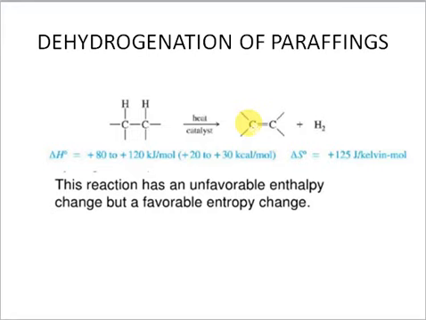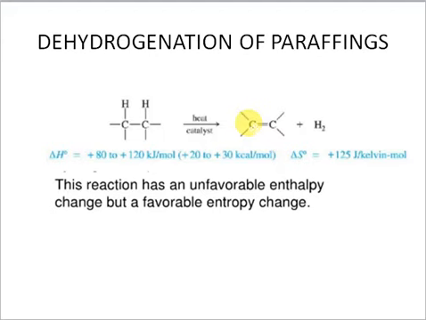But the entropy is positive. Since the entropy change is positive, entropy is increasing, so the reaction will be favored overall. It's important to know that dehydrogenation reactions are not favored by enthalpy, but they are favored by entropy. You can also simplify the entropy factor: when the number of product molecules is higher than the number of reactant molecules, entropy has increased.